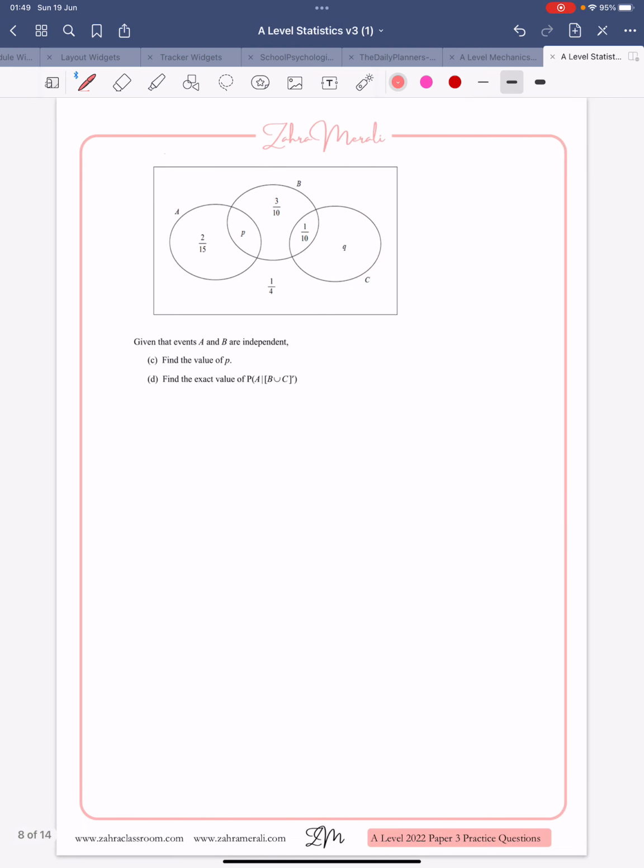Okay. The next question says, given A and B are independent. So now we're told that they are independent and we want to find the value of P. Okay, so let's have a look.